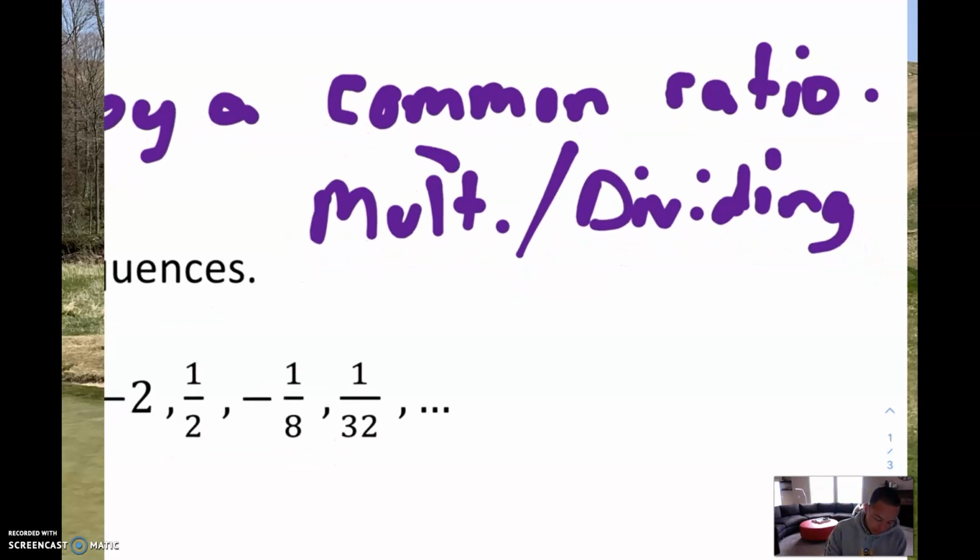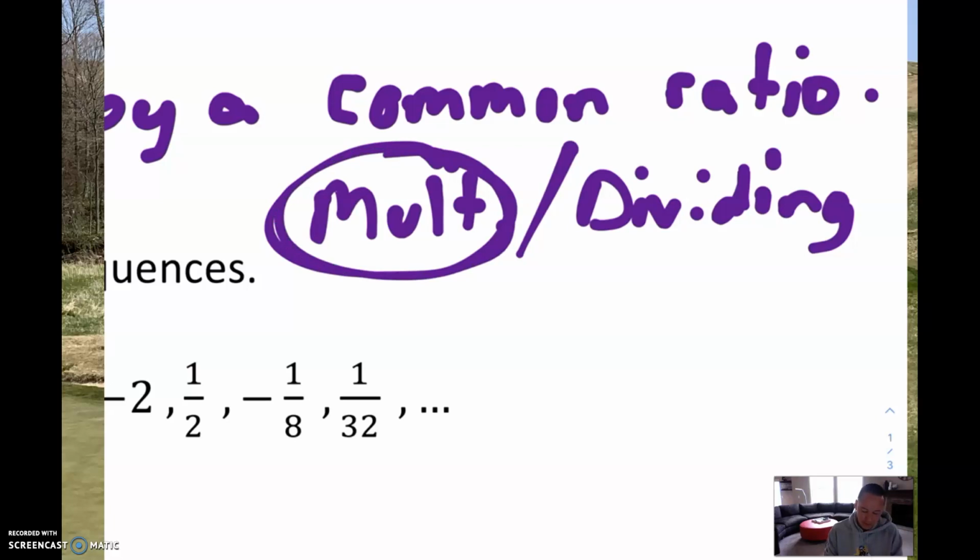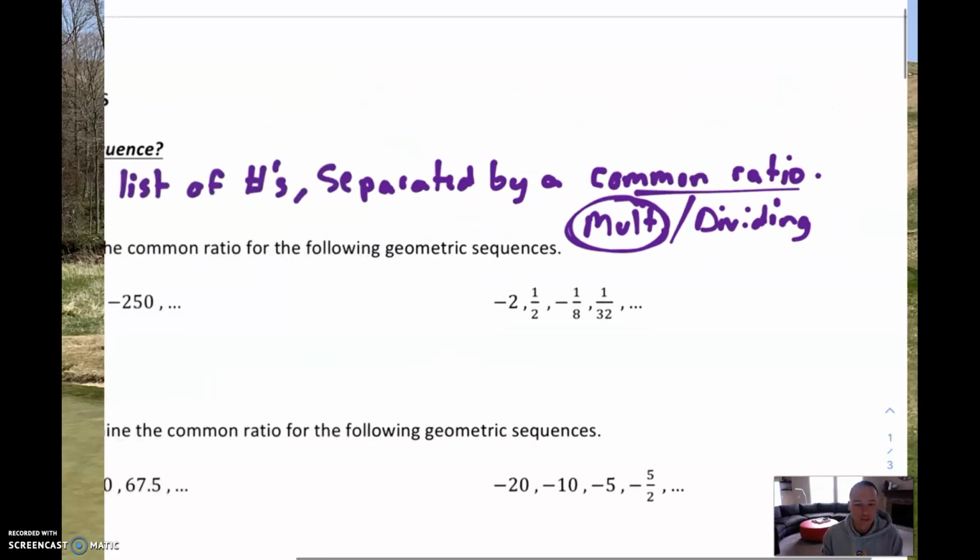Generally, we're going to be looking at what it is multiplying by to get from one term to the next. Now, you might be able to figure out that it's dividing by 2, but another way of saying that is it's multiplying by 1/2. So we're going to stick with whatever it's multiplying by. That's called the common ratio.